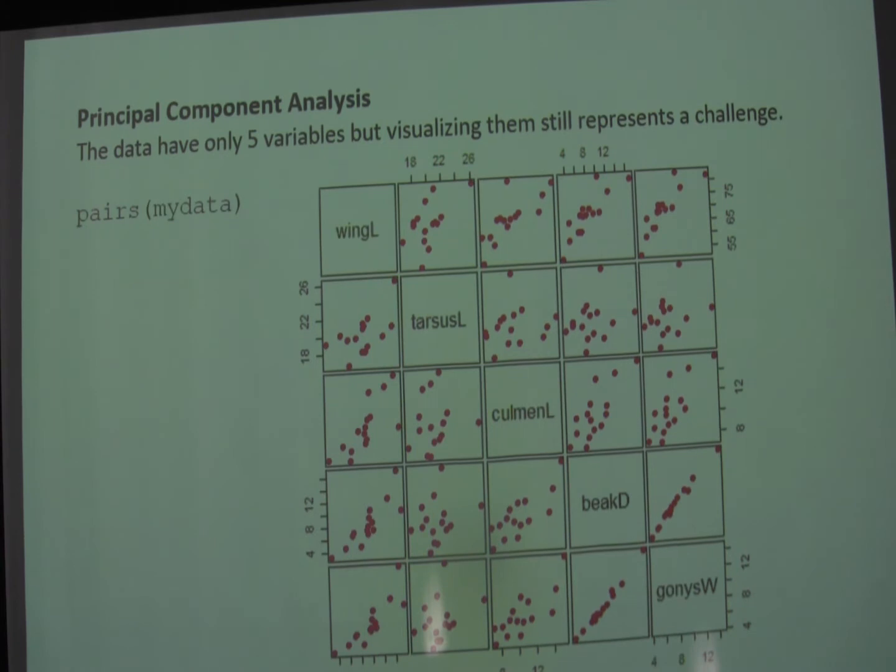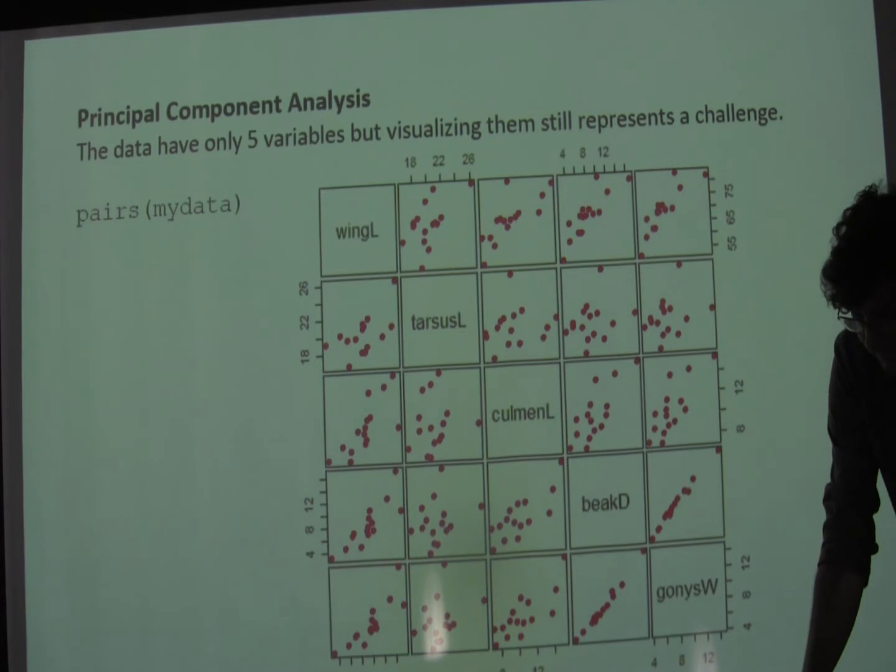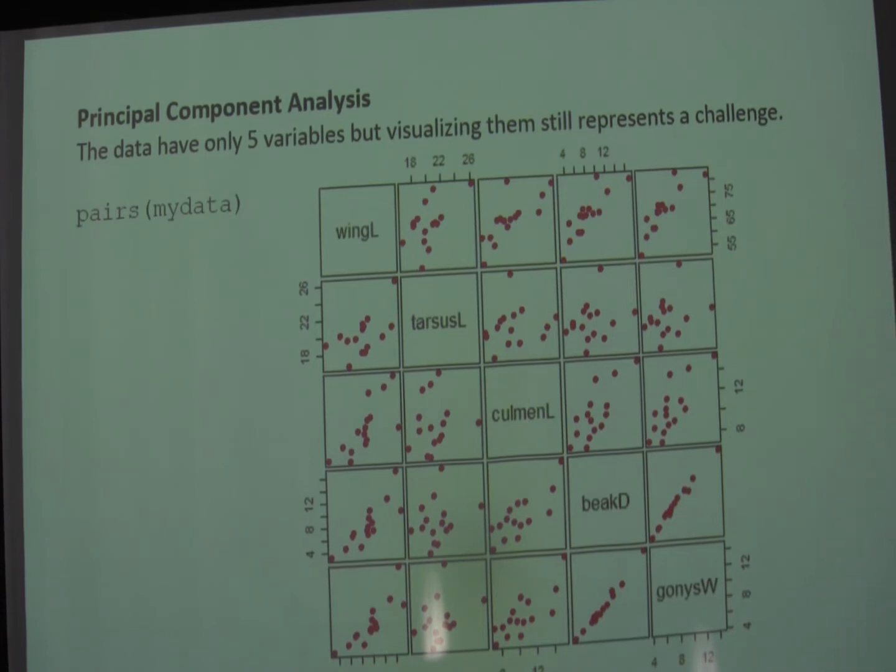So how to illustrate this? Well, we only have 5 variables here, but already it's a challenge to visualize them. But this is one way: just plot all pairwise scatter plots. And it's kind of a good thing to do anyway, because you'll learn something useful.